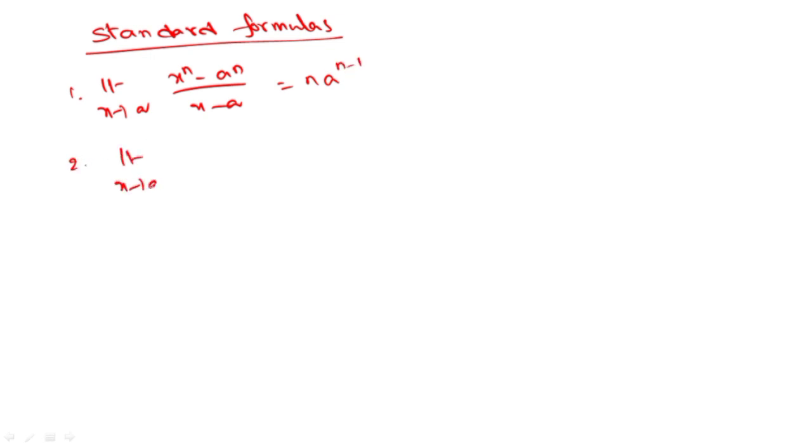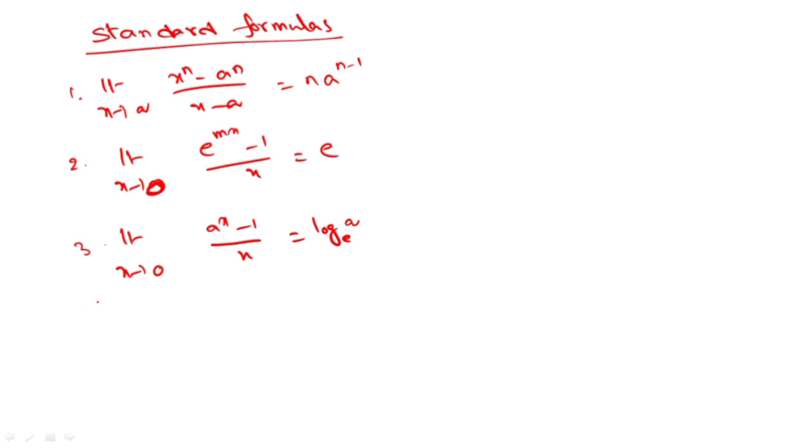Limit x tends to 0, e power mx minus 1 by x is m. Limit x tends to 0, a power x minus 1 by x is log a base e, or you can write it as ln a.